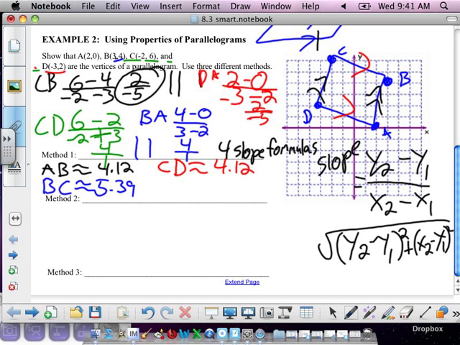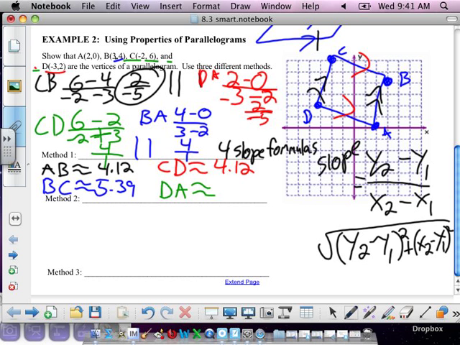All right, we ready? The last one? We're going to do, what is it, D to A? Okay. So, we're going to do Y2, which is 0, minus Y1, which is a negative, no, it's a 2, squared, plus X1.